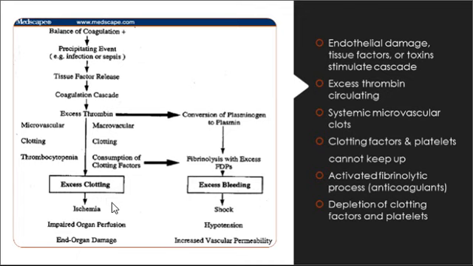And then you have the excess clotting and the bleeding. So the excess clotting causes ischemia, multi-system organ difficulties, and organ damage. With the excess bleeding, you have hypovolemia, so you have hemorrhagic and hypovolemic shock, hypotension, and then the vasculature becomes very permeable.